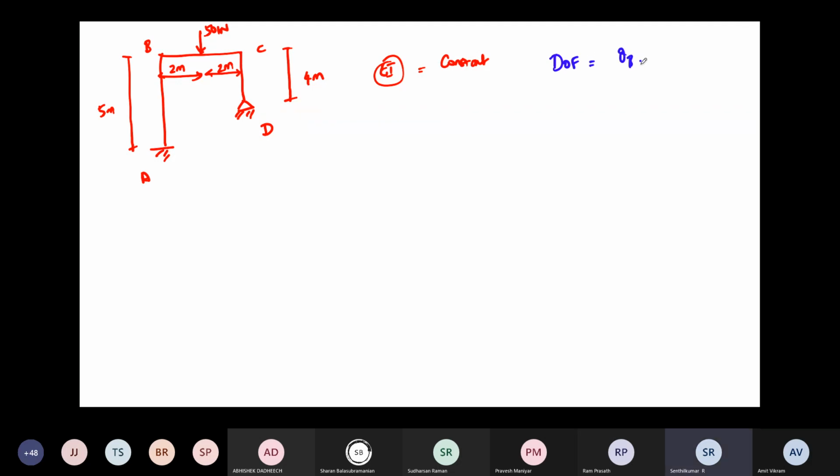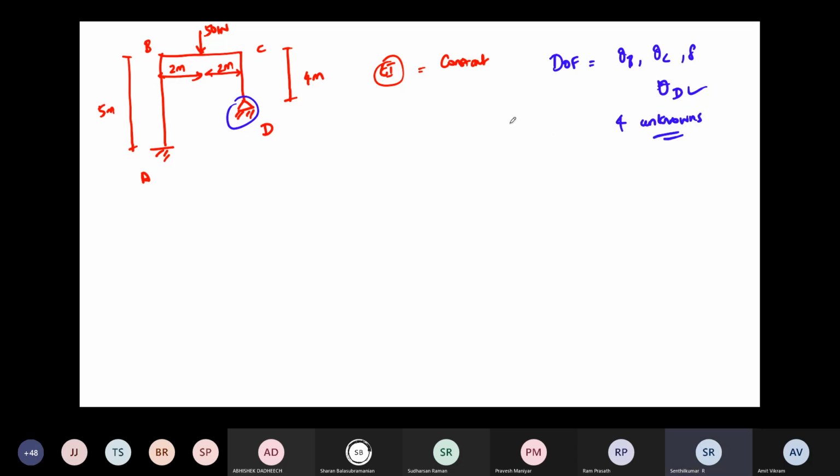Theta B, theta C, then delta. That's all. Just now we discussed the previous one, max. Plus additionally you have theta D also. Right? Pin support, we are allowing the rotation, so that is also an unknown. So we have theta B, theta C, delta, theta D. 4 unknowns are there.